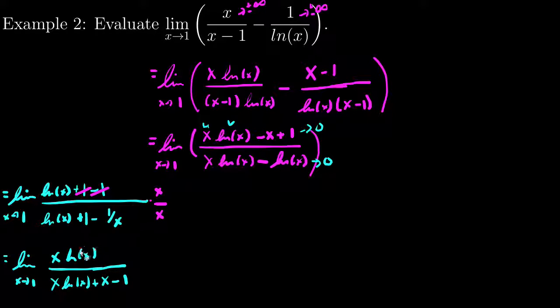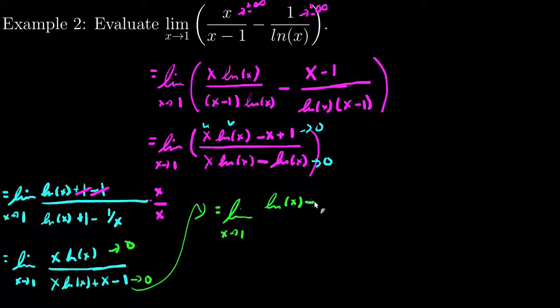So 1 times 0 is 0. 1 times 0 is 0. Plus 1 minus 1 is still 0. And I can do L'Hopital's rule again, taking the derivative of this numerator and this denominator. And I get the limit as x approaches 1 of the derivative of x natural log of x, which is natural log of x plus 1. We already did that.